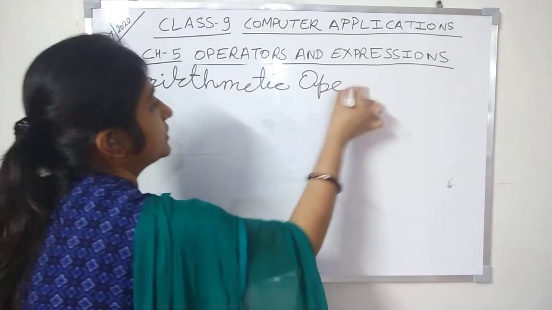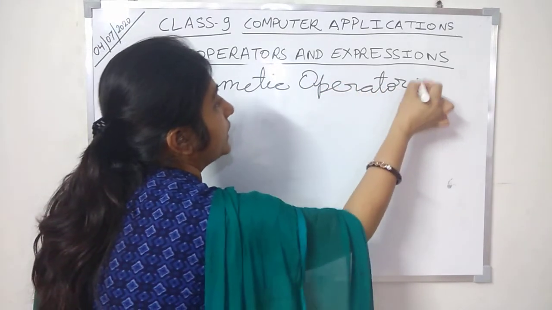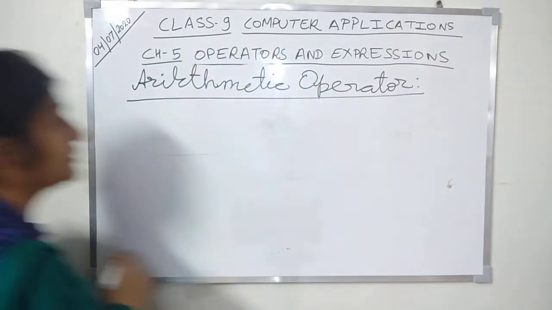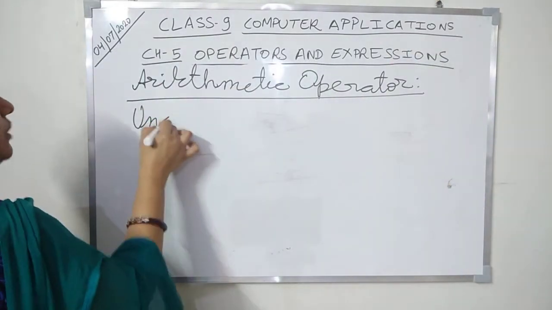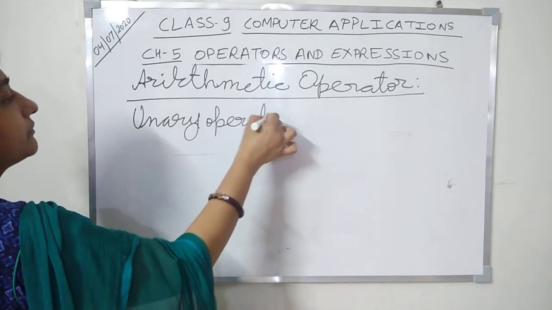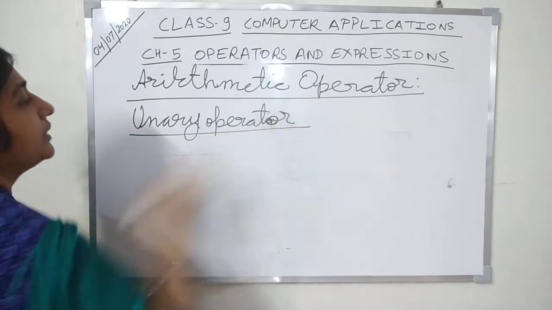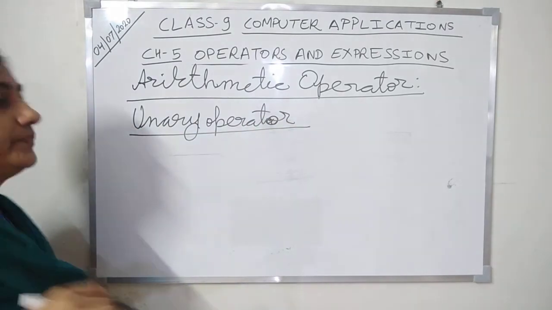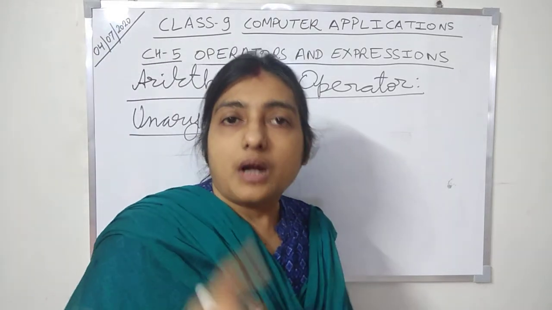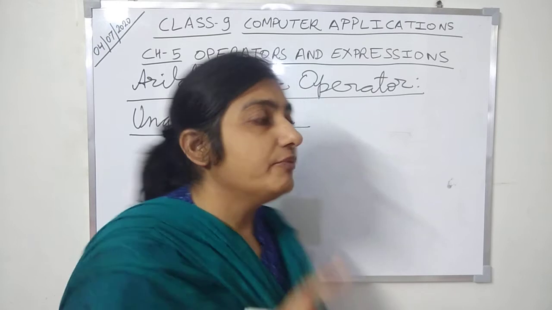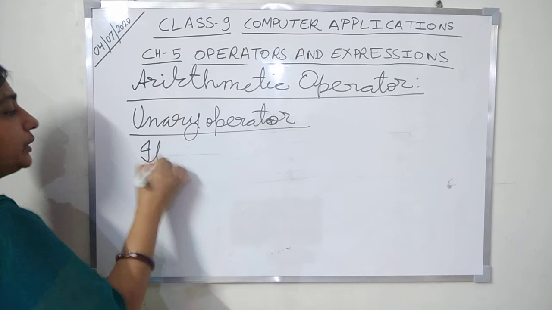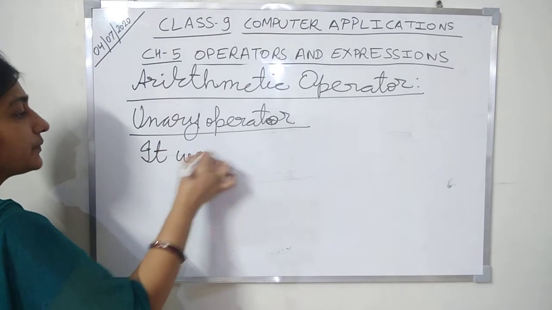Arithmetic operator. In arithmetic operators, first of all, we will study the unary operator. Unary operators are those operators which work on only one operand, that means a single operand.